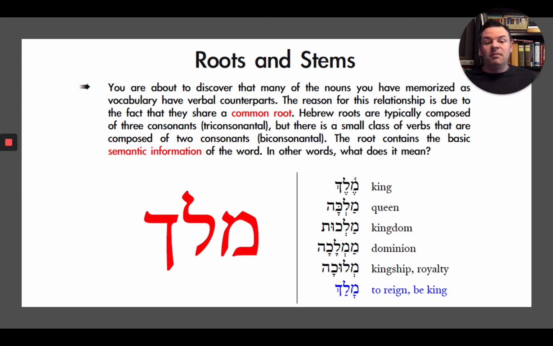Mamlakah, dominion. And then we've got malkuth, kingship or royalty, and then we've got the verb malak, which is to reign or to be king. So you can see that root carries that ruling, reigning, royalty type of idea: king, queen, kingdom, dominion, kingship, royalty, to rule, to reign.